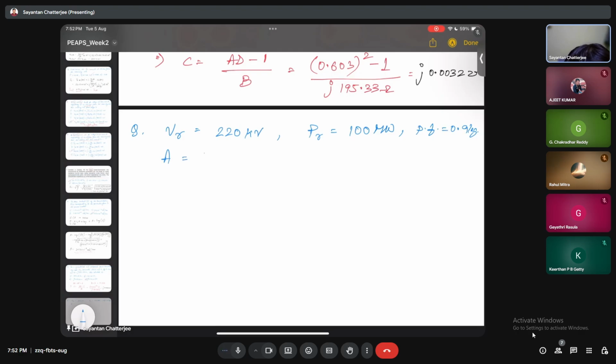and A is given as 0.98 angle 2 degree, and B is given as 110.